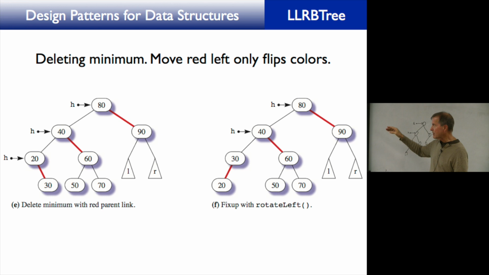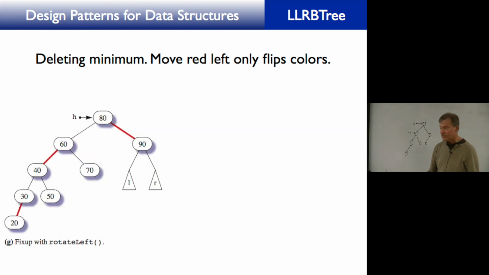And that link is going to be changed from the what? It's going to be a left link. So now could you draw the next step? Could you draw the tree? Do you see that here in part G of the figure? That's what happened. Are we good?